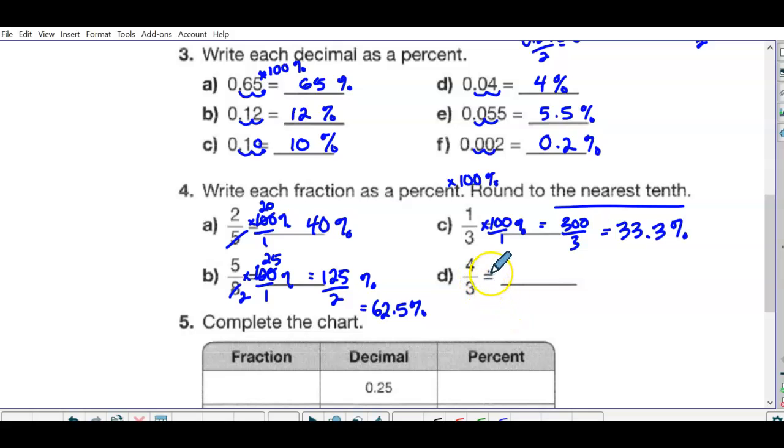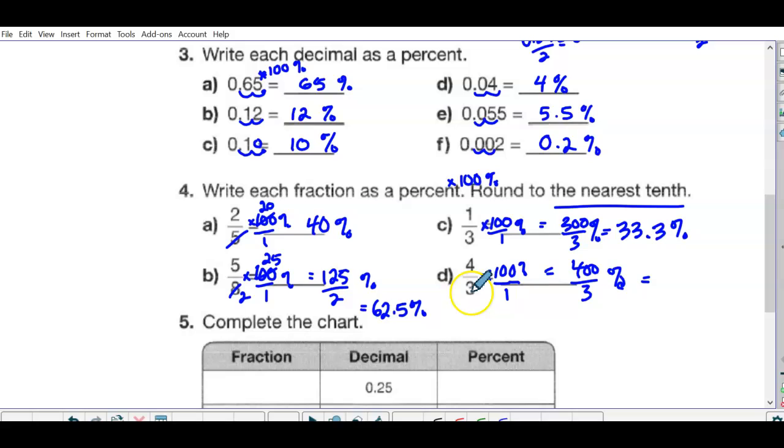And then 4/3, well, if we've already done 1/3, then it's just going to be 4 times as much. Or it's going to be 100, so that's going to be 400 over 3 percent. There should be a percent. And what is that?